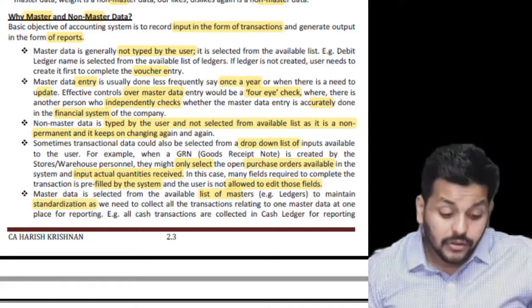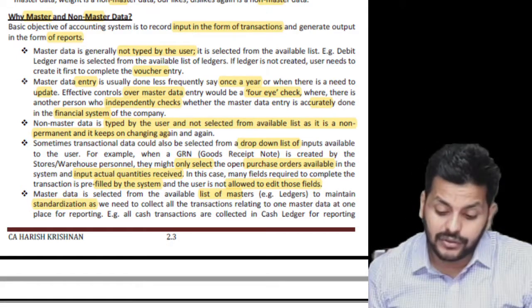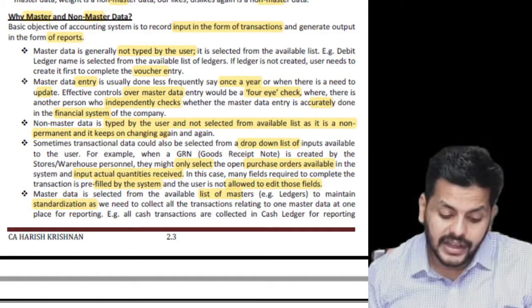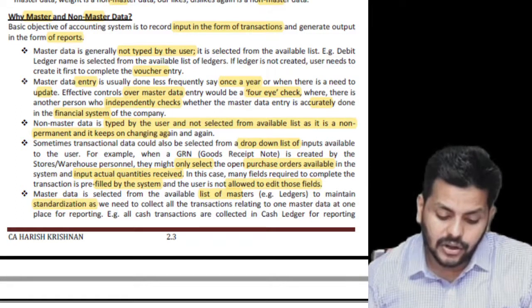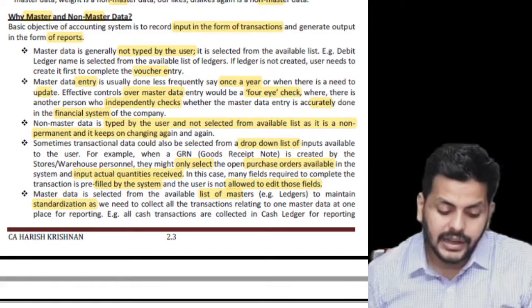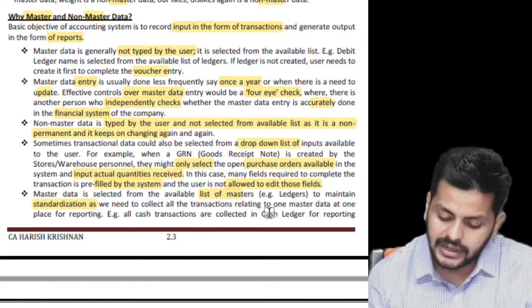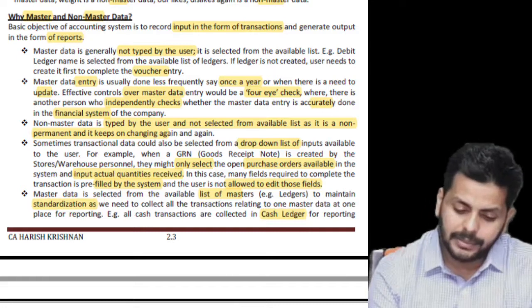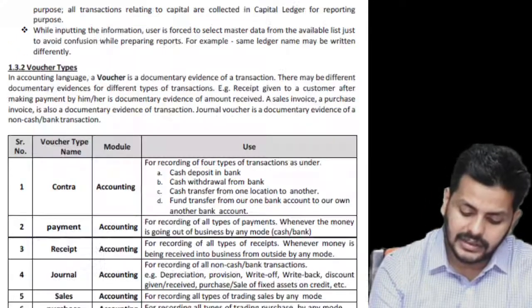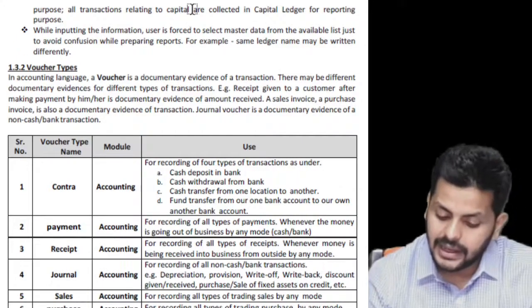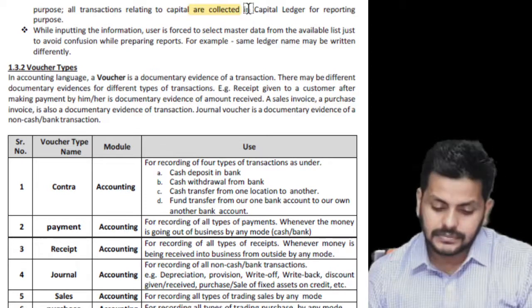So master data is selected from the available list of ledgers to maintain standardization, as we need to collect all the transactions relating to one master data at one place. For example, all cash transactions are collected in the cash ledger, and all transactions relating to capital are collected in the capital ledger.